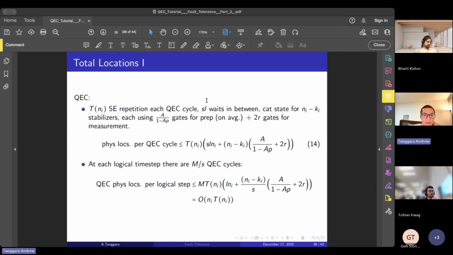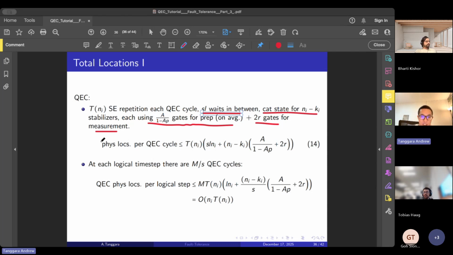So we need to take into account the weights, because we're cycling between blocks when we're doing QEC and cat state preparation for all these n_i minus k_i stabilizers. It uses this number of gates for preparations and this number of gates for, not teleportation, just the CNOTs and Hadamards to measure the syndromes.